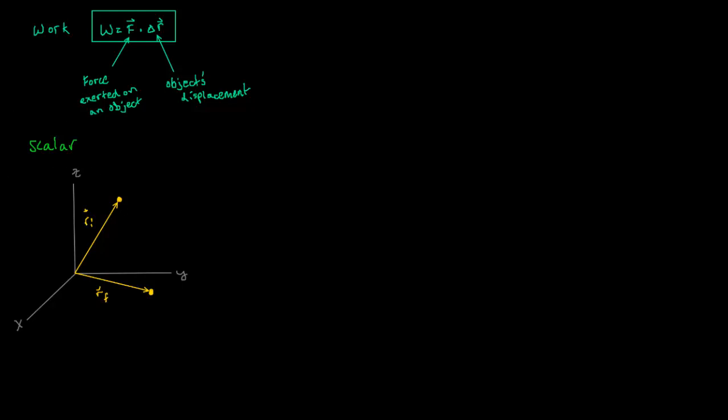I'm going to draw an arrow going from my initial to my final position, and I'm going to call that delta R. So I had some initial position Ri and some final position Rf, and the thing that connects the two is defined as delta R is equal to Rf minus Ri.